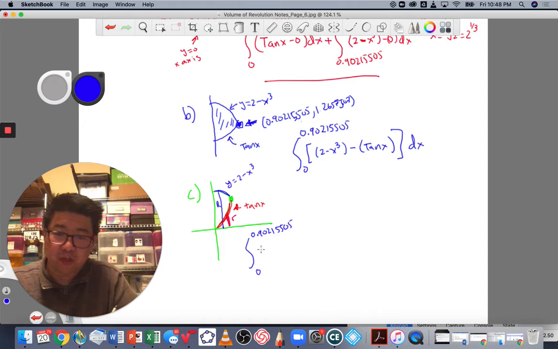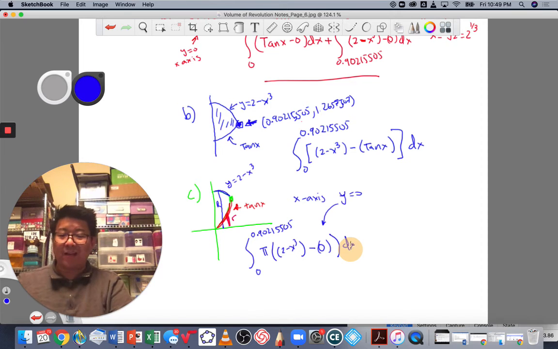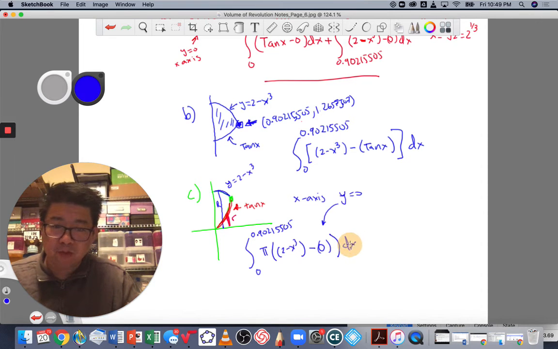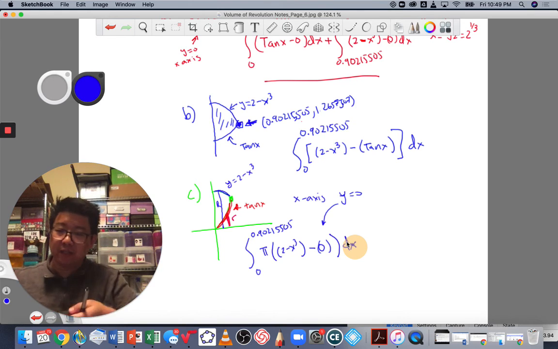So pi radius squared, so this will be 2 minus x cubed minus the axis of rotation. Okay, you remember the x-axis is y equals 0. Okay, so that's why this is 0 right there. And this would be dx. So that would be the whole volume if we rotate it around, completely filled in.